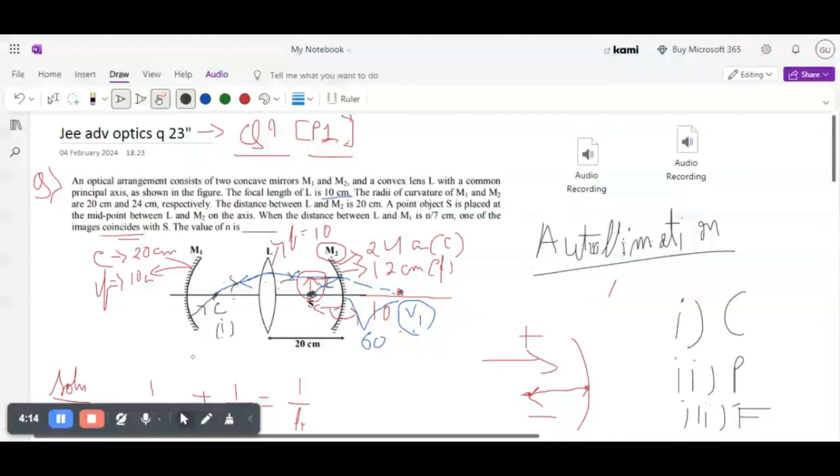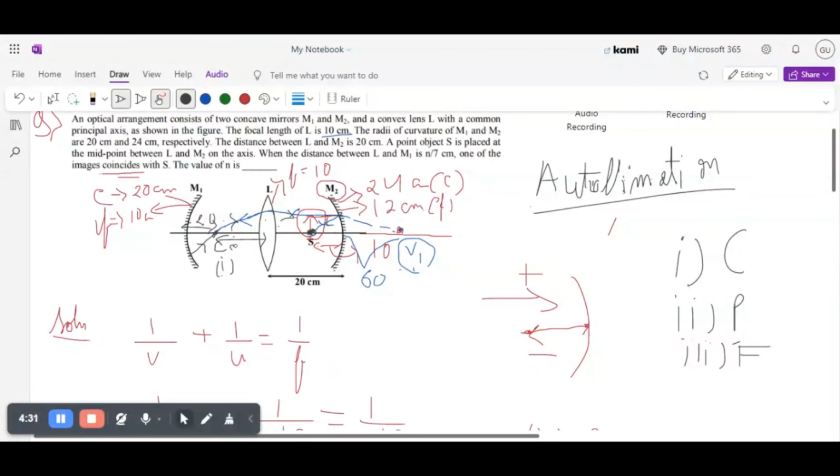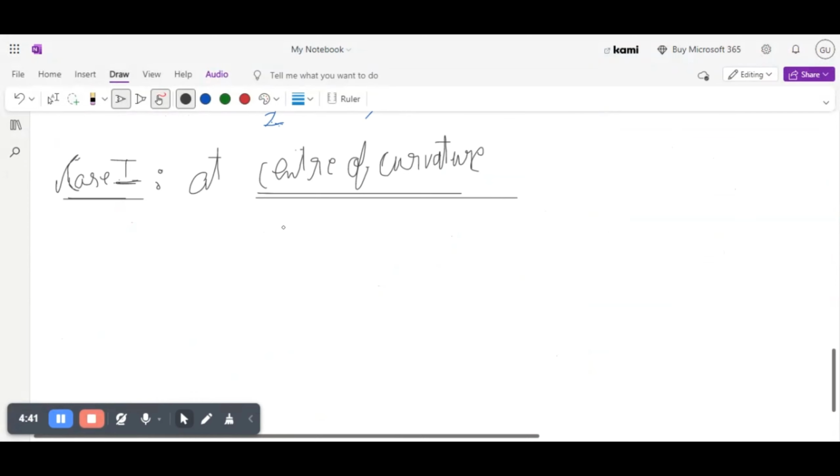In the first situation, we take it as C. Then we'll do the mathematical calculation for it. Let me scroll down. The curvature of M2 was 20 centimeters, and this was 80 by 7 centimeters, the image distance of the L1 that we just found. So the distance will be 20 plus 80 by 7, as I told you.